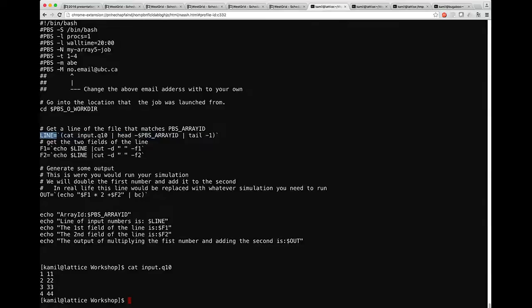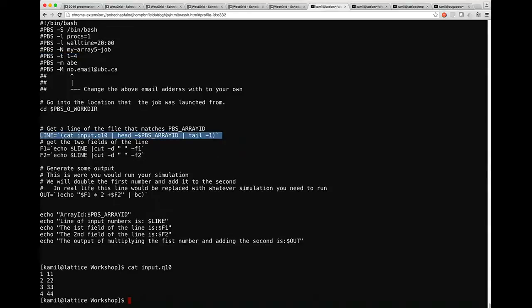It sets the variable line to the line that corresponds to the array ID of the job. So if you have an input file of 4 lines, you start an array of 4. It takes the task number and gives you that line.